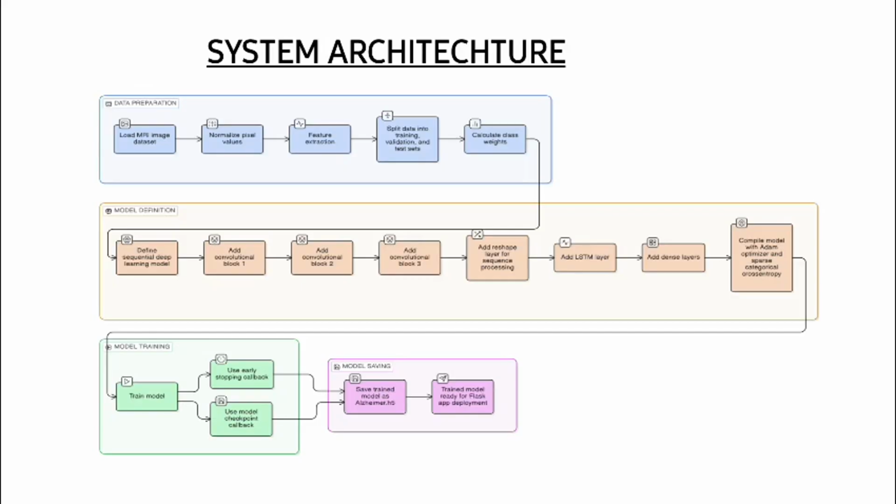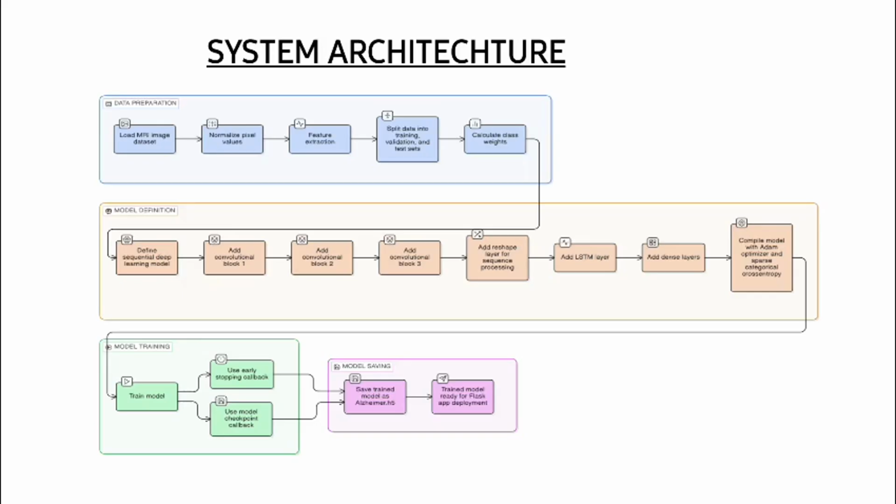System architecture. This slide shows the overall system architecture of our model. The pipeline starts with raw MRI input, which goes through the pre-processing steps like resizing and normalization. The processed image then passes through the CNN layer for spatial feature extraction, followed by the LSTM layer that models sequential patterns.